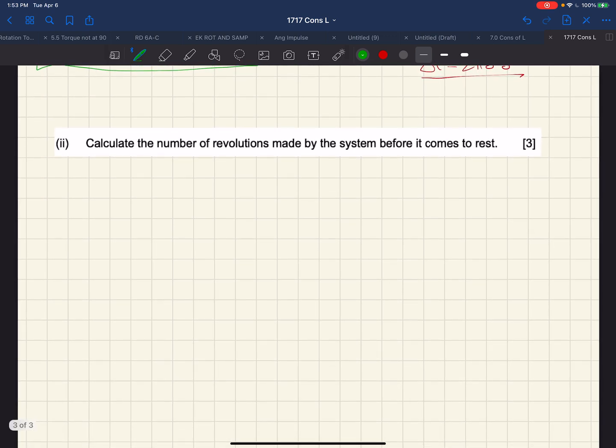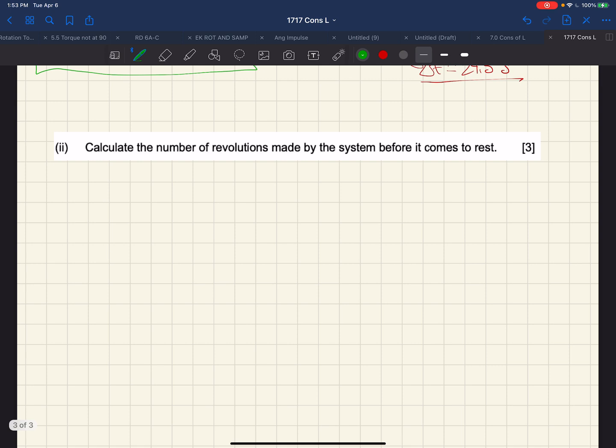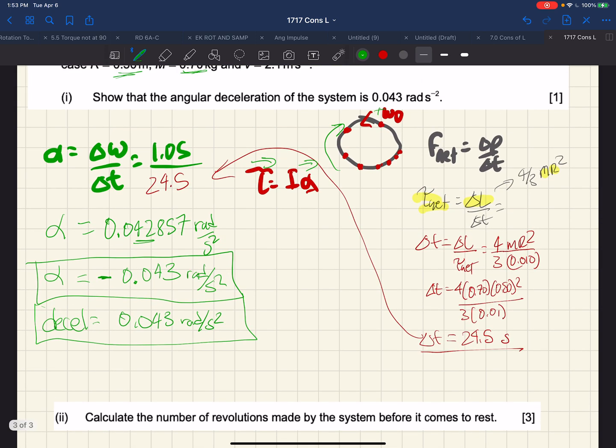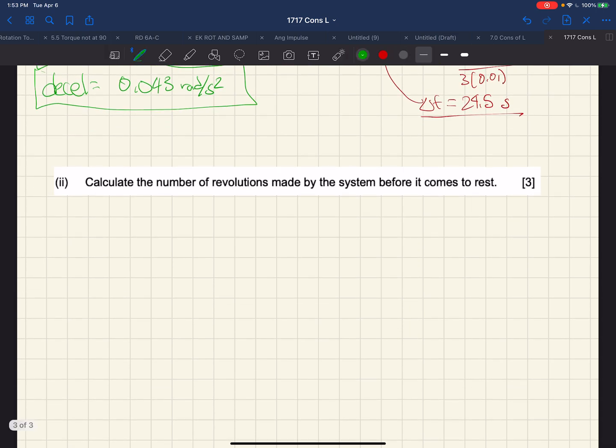Now we need to know the number of revolutions made by the system before it comes to a rest. Well, this is where a picture above can be somewhat helpful. We start in this location and it slows down at a particular rate, there's a certain acceleration. And we actually know how long it takes for that acceleration to occur. So this starts out being a position problem.